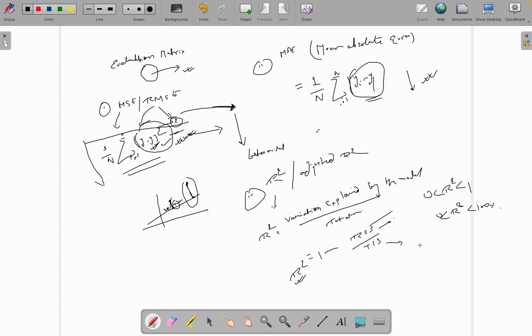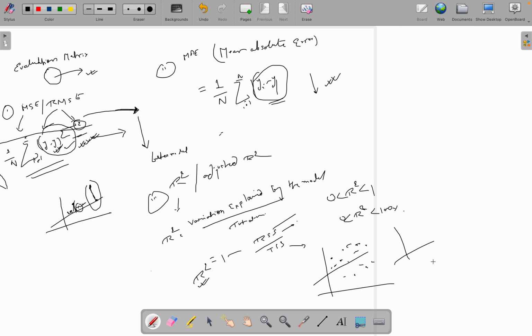So how it impacts the regression line: suppose this is the regression line and your points are scattered like this. In another one, the points are closer to the regression line.